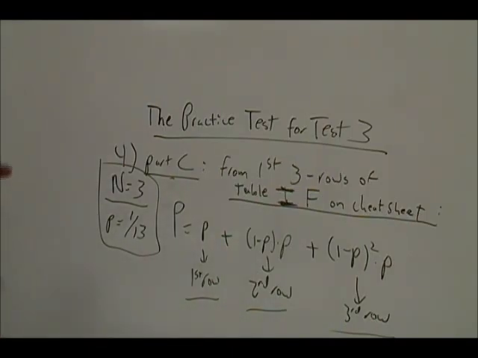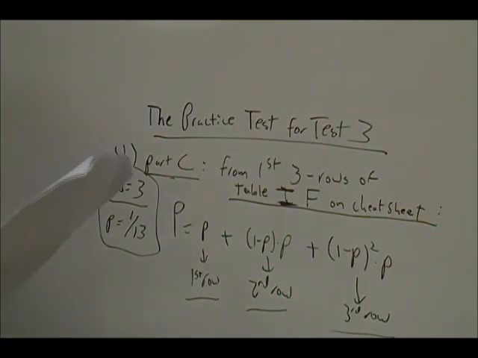For 4 part C, it says what is the probability that if you draw continuously with replacement a card from a sufficiently shuffled deck of 52 cards, you'll draw an ace for the first time by your third draw?